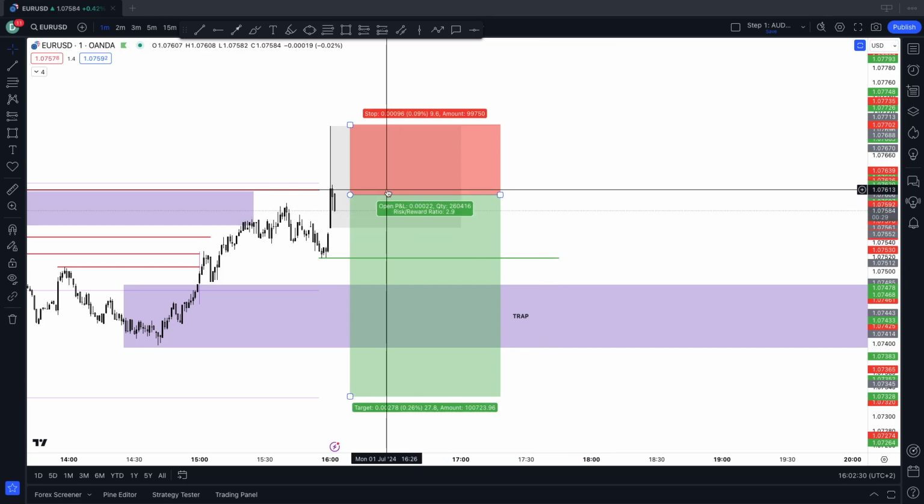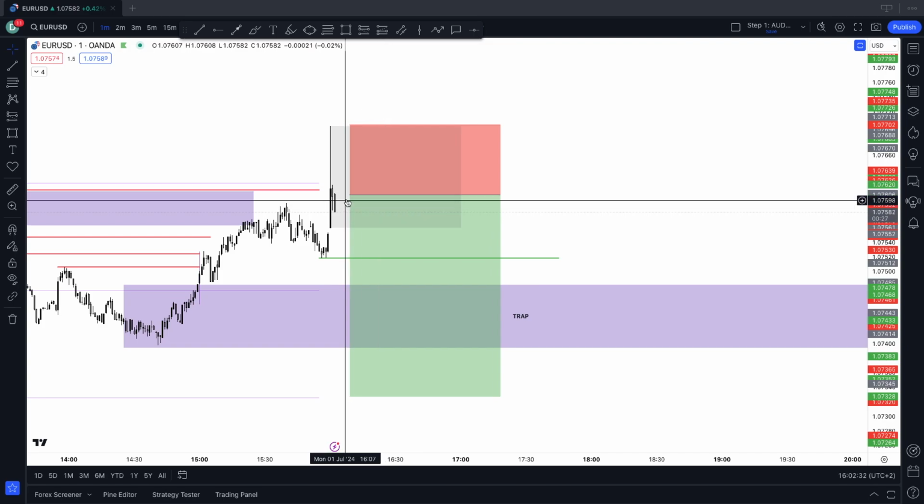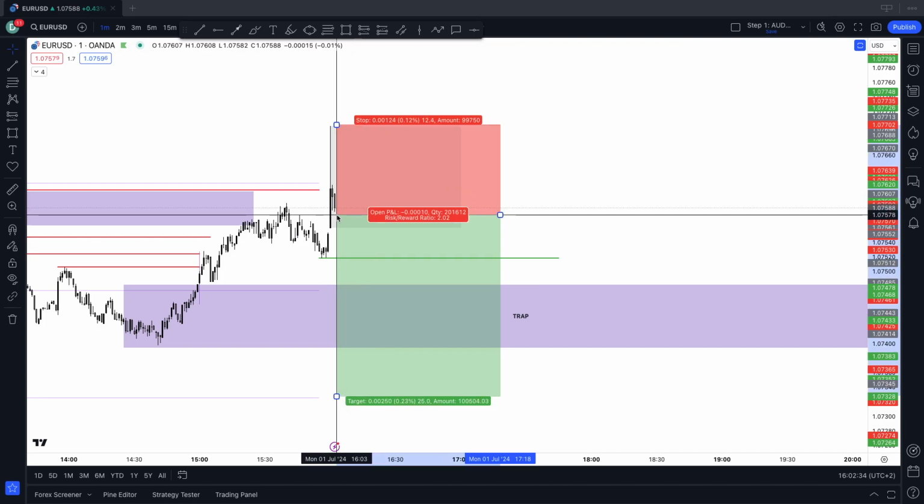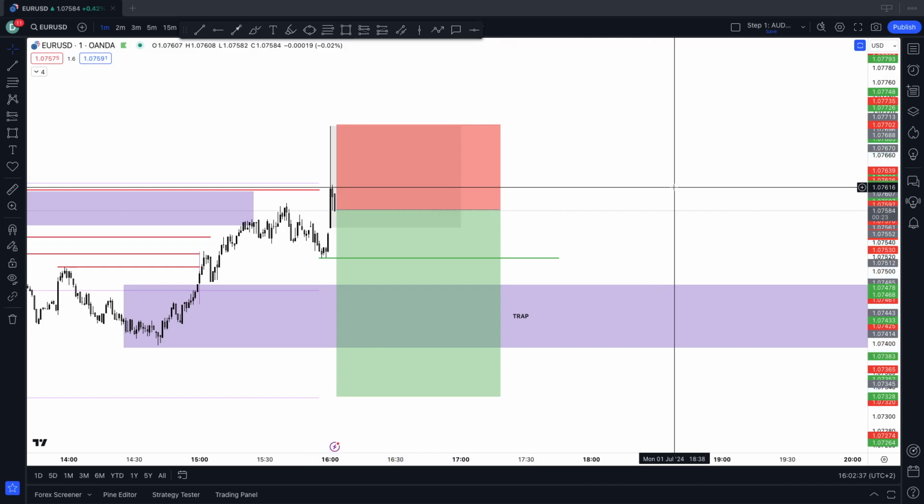Not the most ideal. But we're gonna go ahead and record a live execution here. Just so you guys can see exactly how I'm trading every single day.